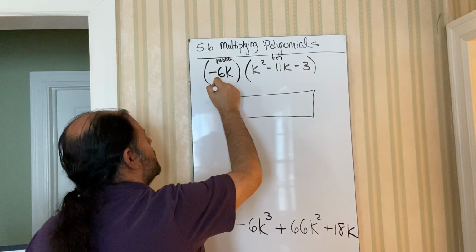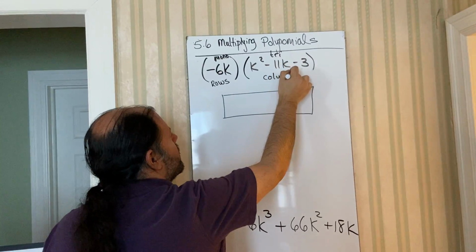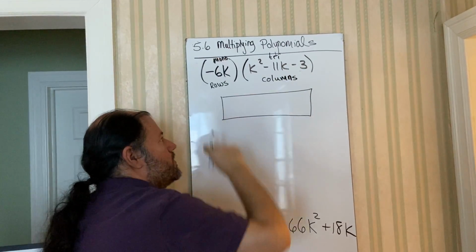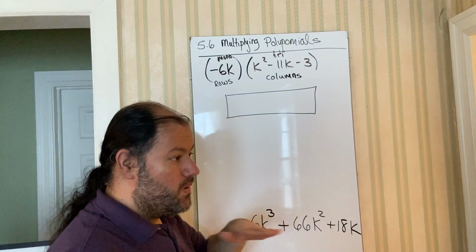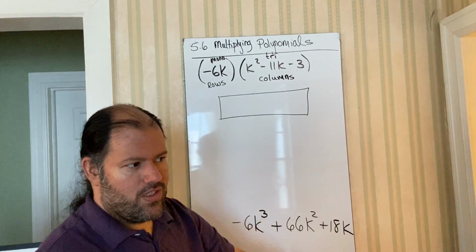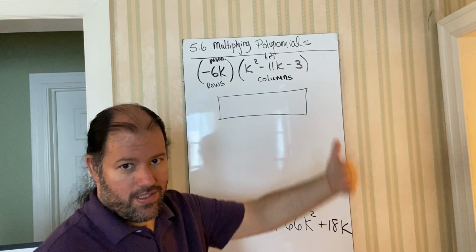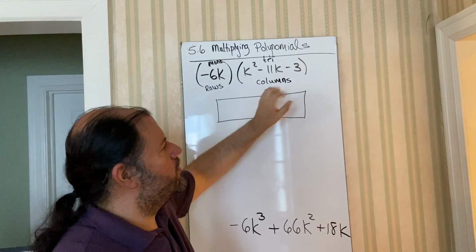So, rows and columns. One of them is going to represent rows and the other is going to represent columns. Remember, rows go horizontally, left to right. Columns go up and down, or vertically. So this is saying I draw one row, but I want to draw 3 columns.